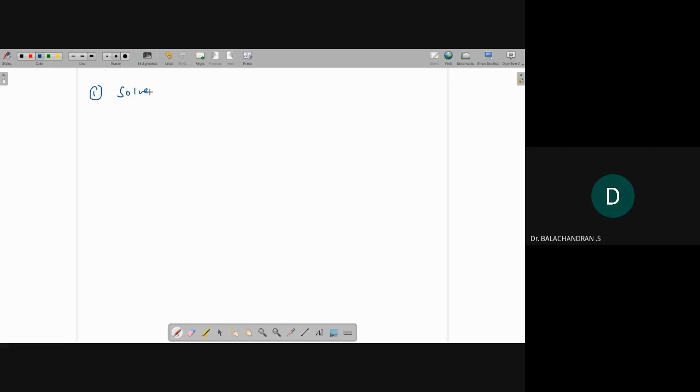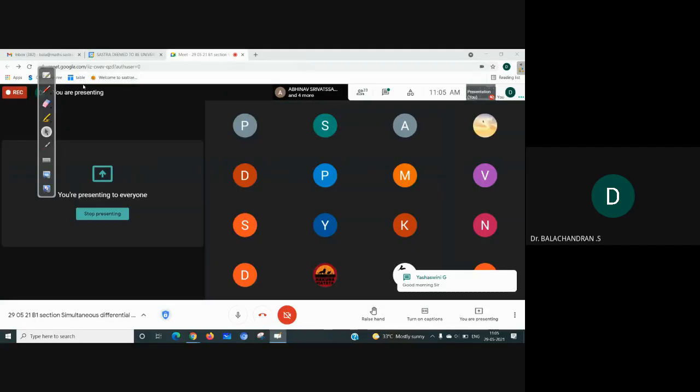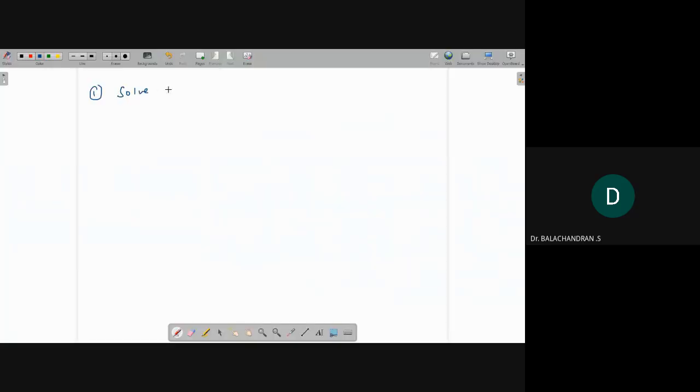Solve x square d square y by dx square minus 3x dy by dx plus 4y equal to x square, given that y of 1 equal to 1 and y dash of 1 equal to 0. I don't know how many of them solved this problem.